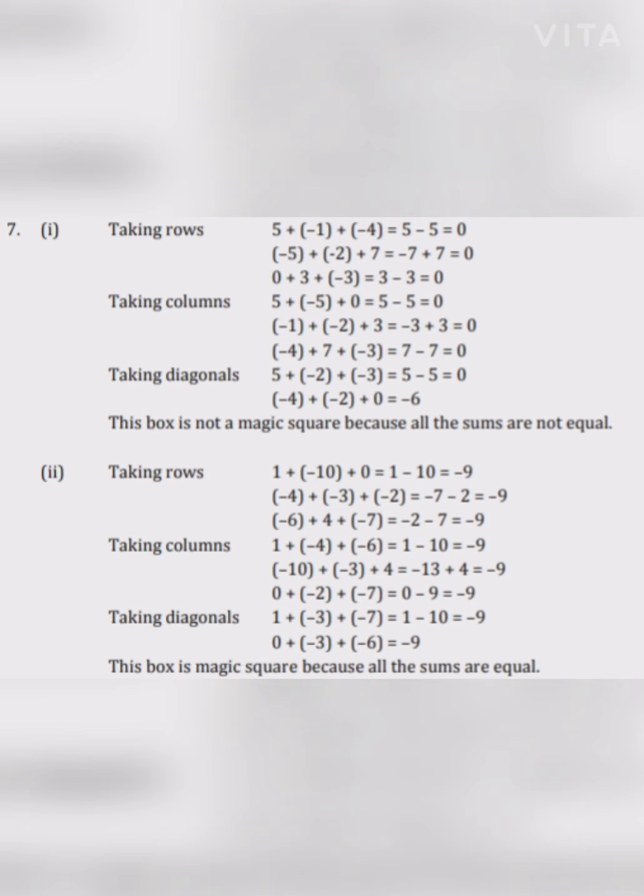Taking columns, 5 plus minus 5 plus 0 will be 5 minus 5, which is 0. Minus 1 plus 2 plus minus 3 is minus 3 plus 3, which is 0. Minus 4 plus 7 plus minus 3 is 7 minus 7, which is 0.